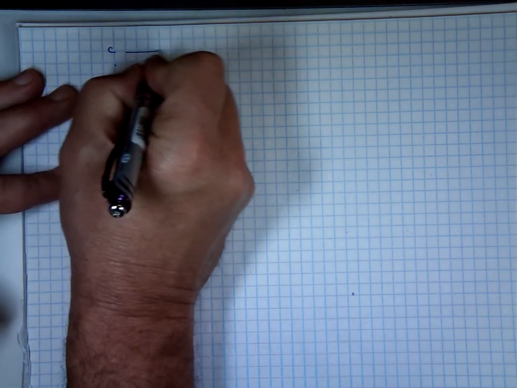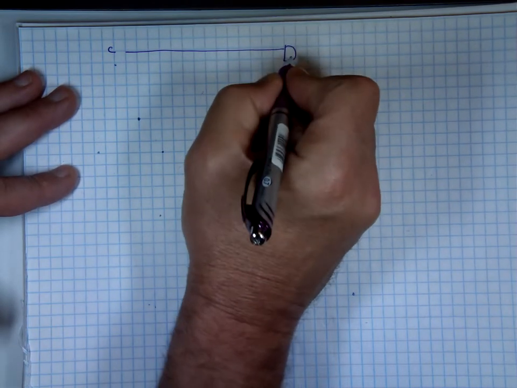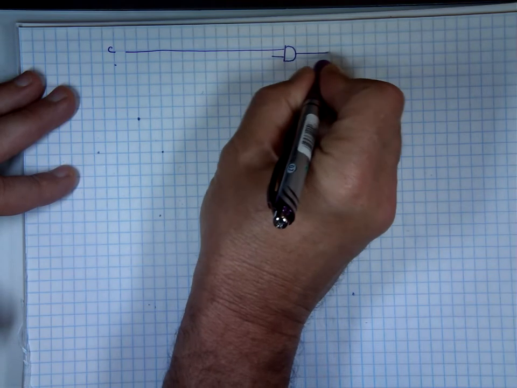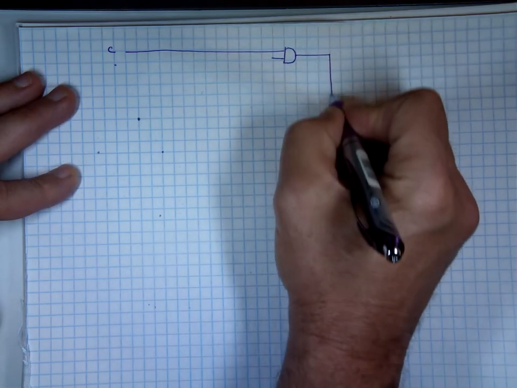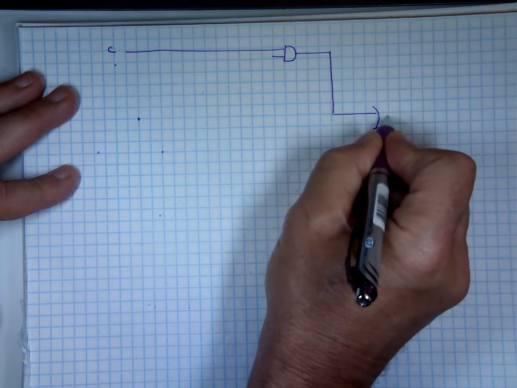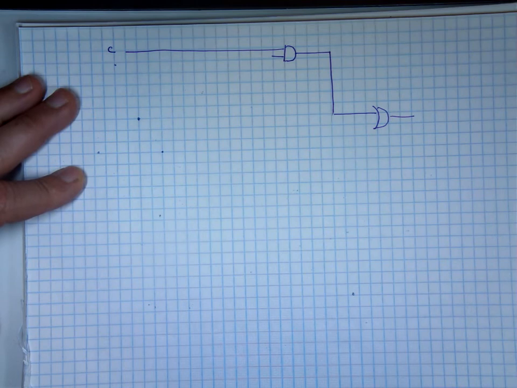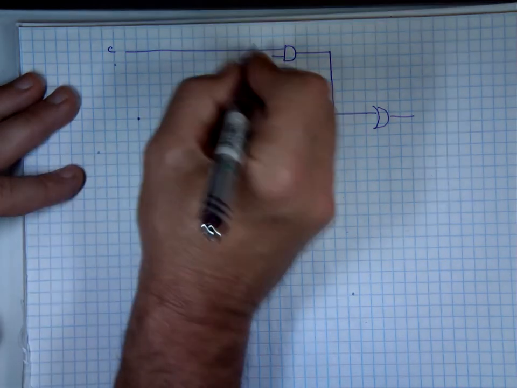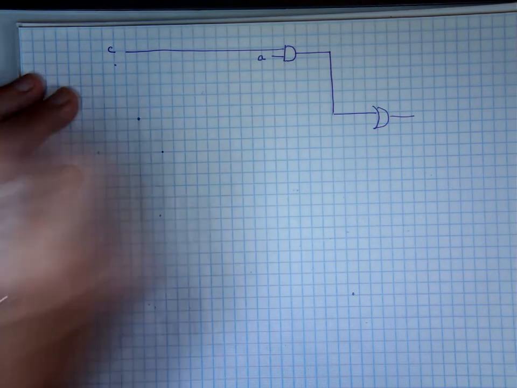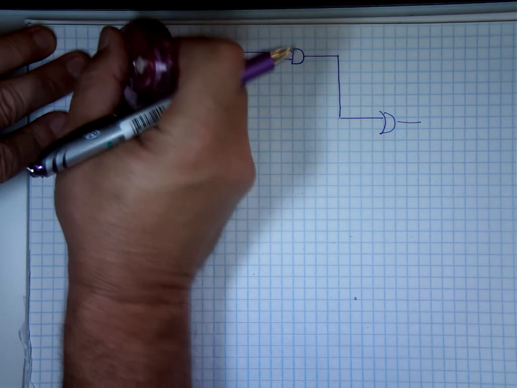I have an AND gate here. And the one attached to it is actually A. You can see the A is attached to it. The C is attached to it. I don't know why I made the wire so long here, so I can just move it here and write C next to it.